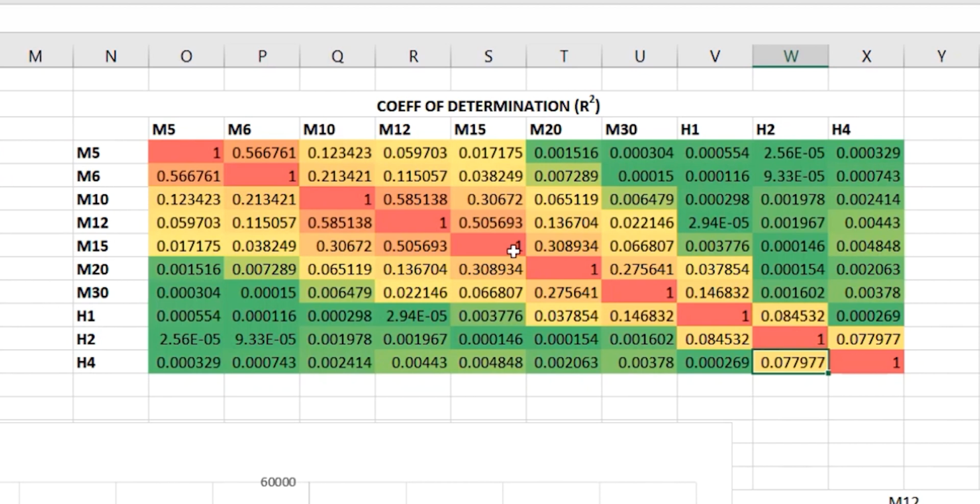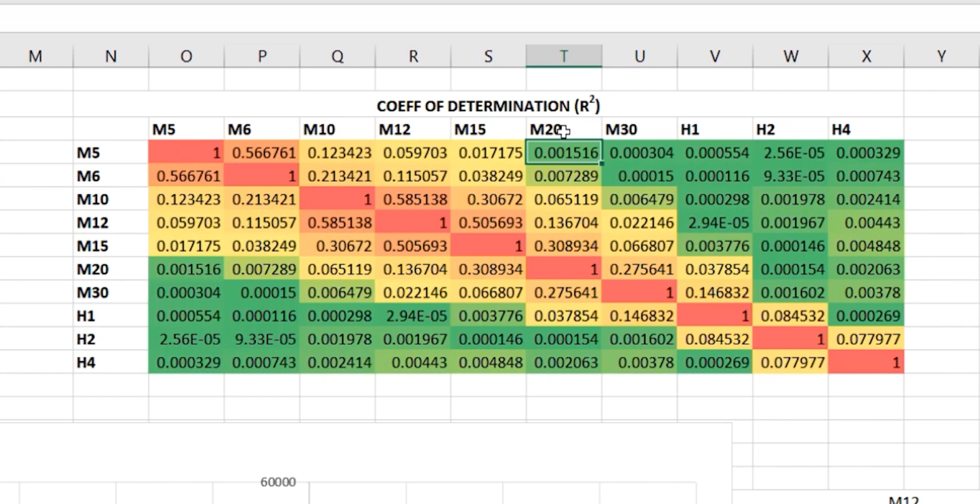But what I have deduced from this particular heat map is that it looks like it's a factor or a multiple of 4 that's required in order for the correlation to reduce to an acceptable level. Let me show you what I mean. If we look at the 20-minute chart, this shows relatively low correlation with the M5, but then as soon as you go to M6 and M10, that correlation starts to increase.